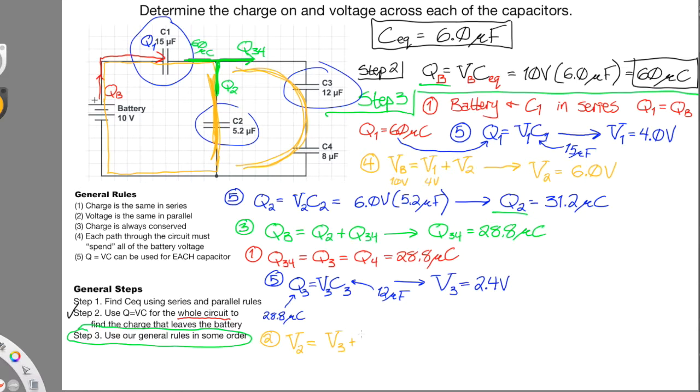But the other path actually has two capacitors on it. So between capacitor 3 and capacitor 4, the voltages dissipated by capacitors 3 and 4 must add up to the same voltage dissipated by capacitor 2, which would give us our answer that we wanted, that V4, the voltage on capacitor 4, is 3.6 volts.